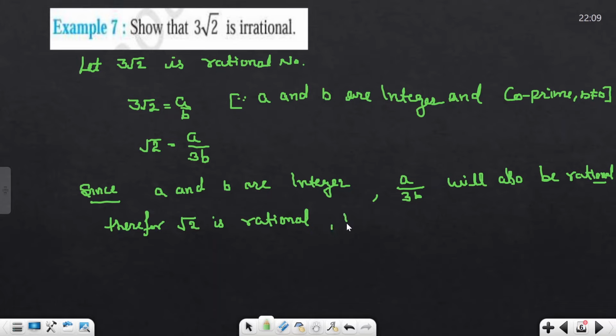Okay, this contradicts the fact that root 2 is irrational.